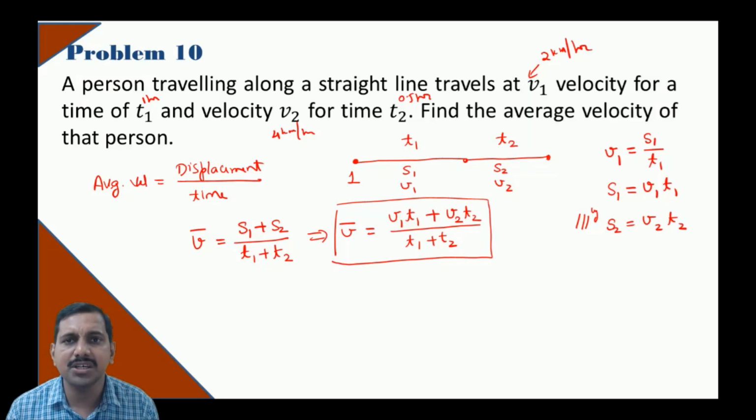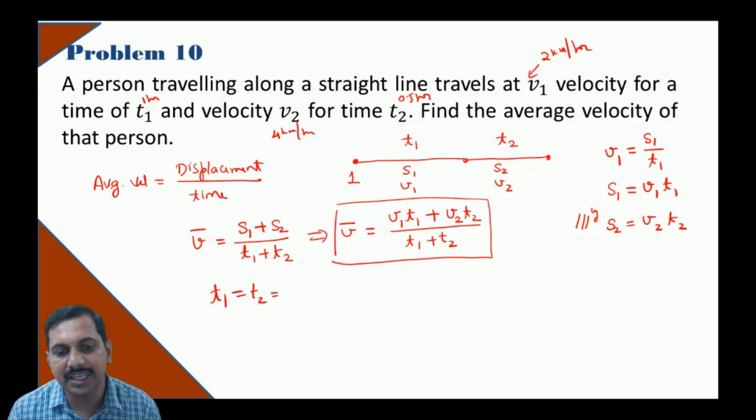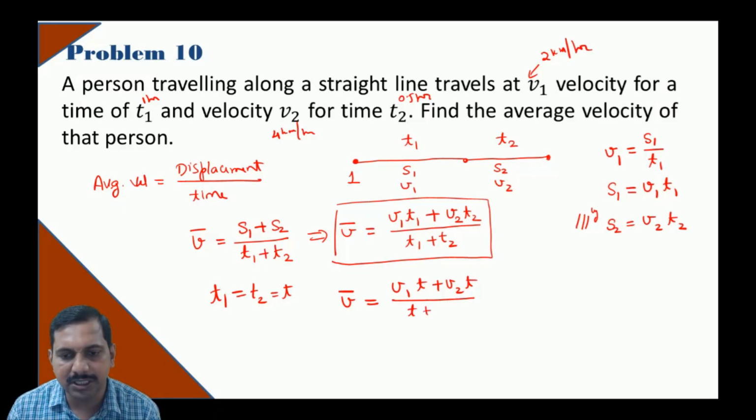There is a special case here where the time durations are equal. That is, t1 is equal to t2, let us say equal to time t. That is, for half the time he goes with velocity v1, and for the other half of the time he goes with velocity v2. If such a case is there, then v bar in that special case would be v1 t plus v2 t divided by t plus t.